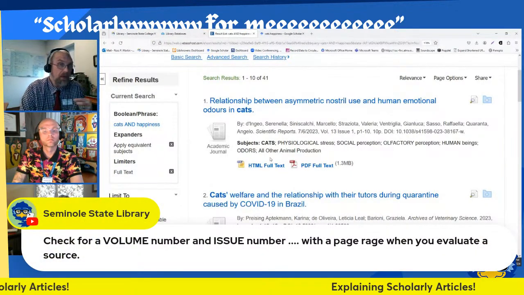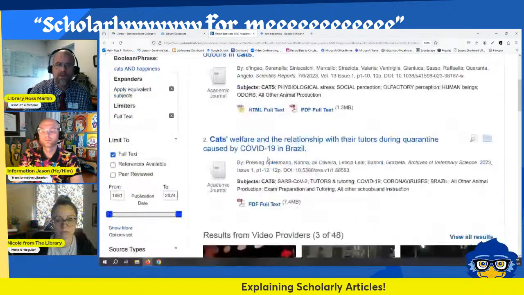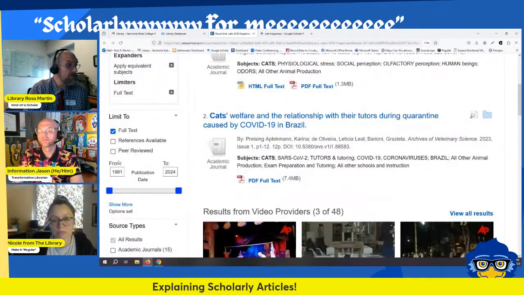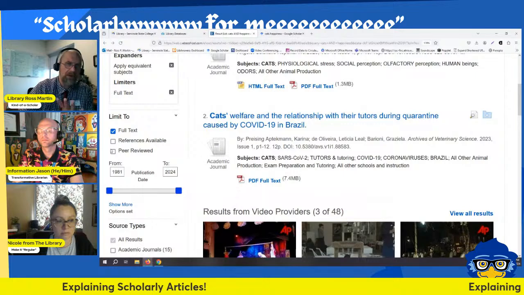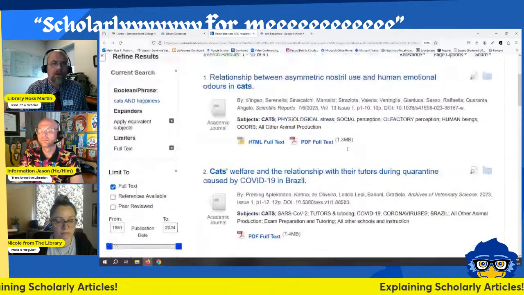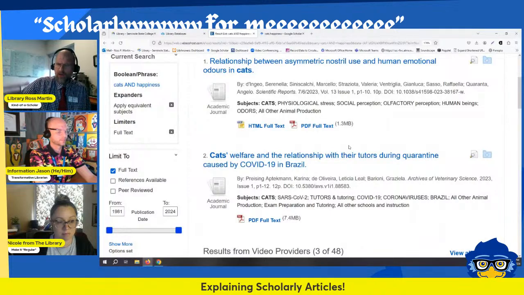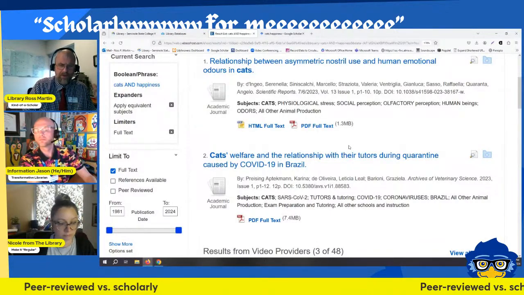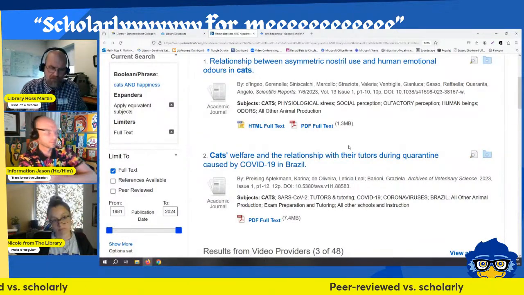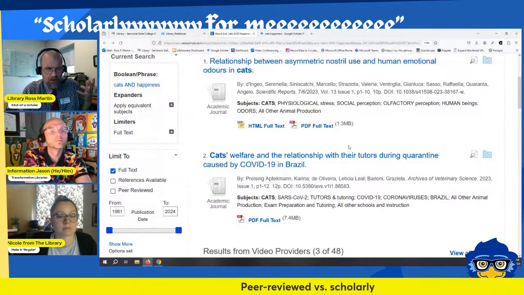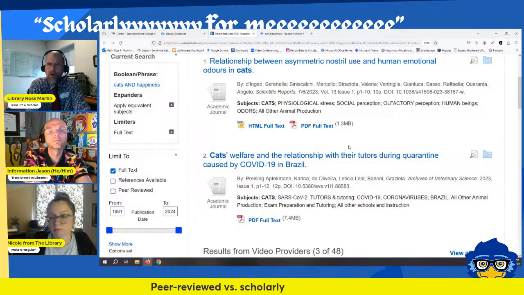Sometimes you'll even hear them called peer-reviewed journals. Nicole mentioned that earlier. And you can even see there's a little box to sort by peer-reviewed in here. But that brings up something: is every journal peer-reviewed? Is every scholarly piece of information peer-reviewed? Not necessarily. Most are.